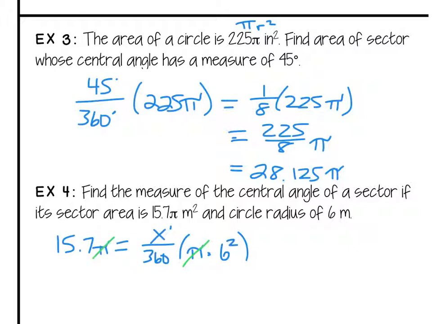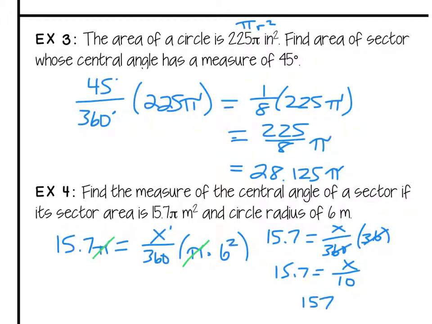I'm going to clean that up a little bit. So 15.7 equals x over 360 times 36. 15.7 equals, this is going to reduce to being x over 10, so we'll multiply on both sides by 10 and get 157. Now, once again, you can do all of that stuff on the calculator. I'm just showing you how to do it without the calculator.